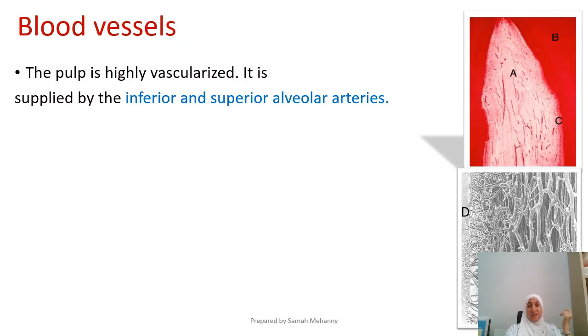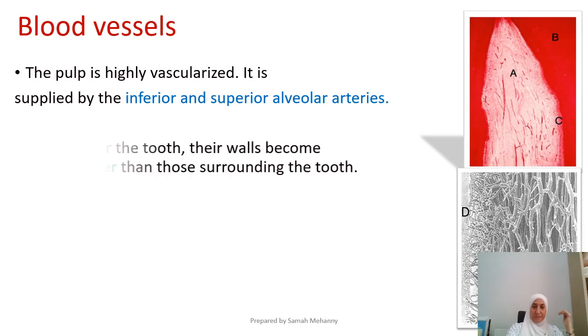The blood vessels: all teeth are supplied by the inferior or superior alveolar arteries. The inferior and superior alveolar arteries pass surrounding the teeth and enter each tooth from its apical foramen.